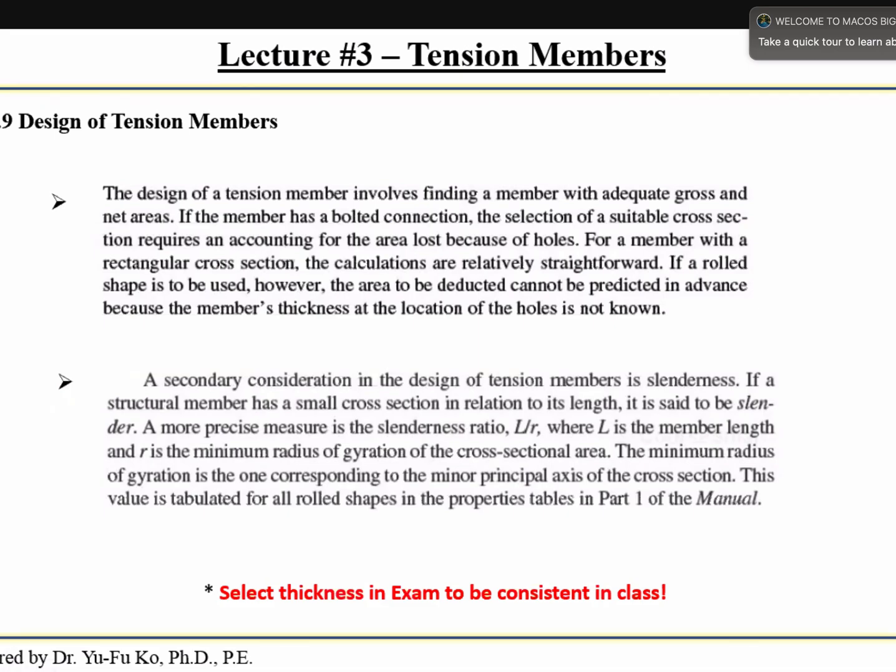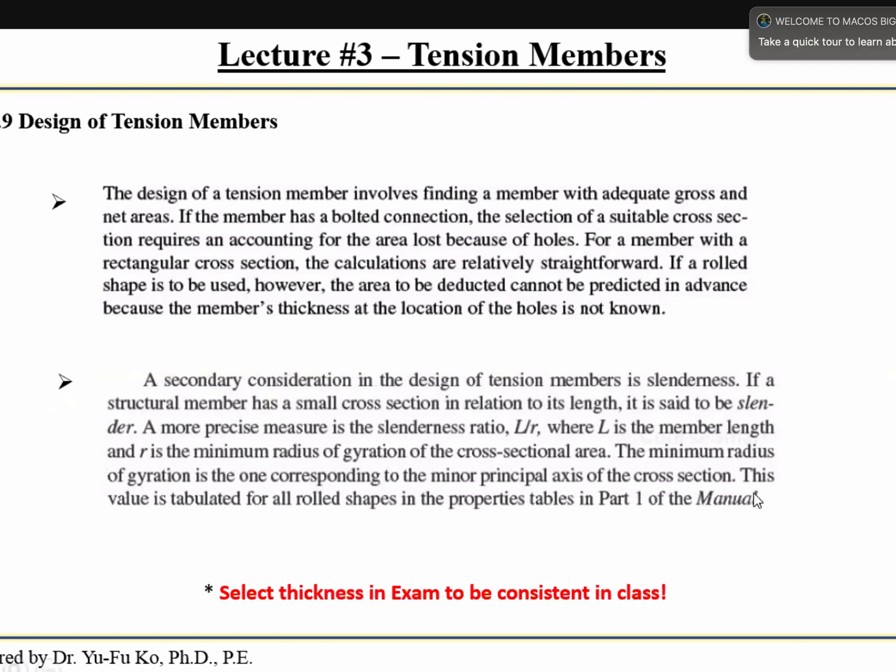But if you use W sections, for example, the area to be deducted cannot be predicted in advance because the material thickness at the location of the hole is not known. So you have to do a lot of trial and error iteration until you pick the sections to resist the loads.